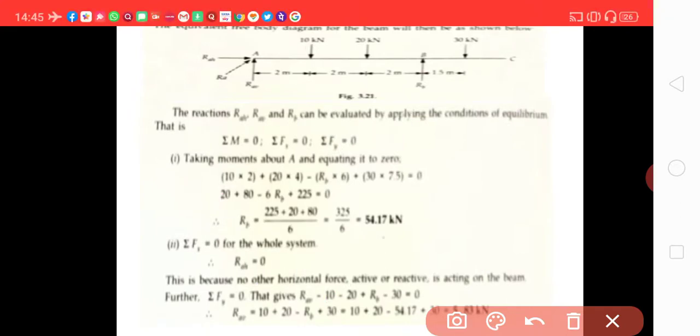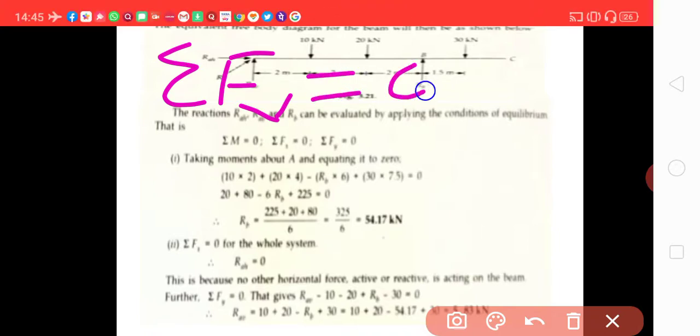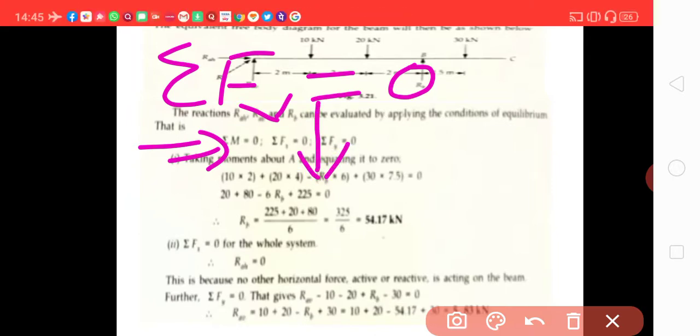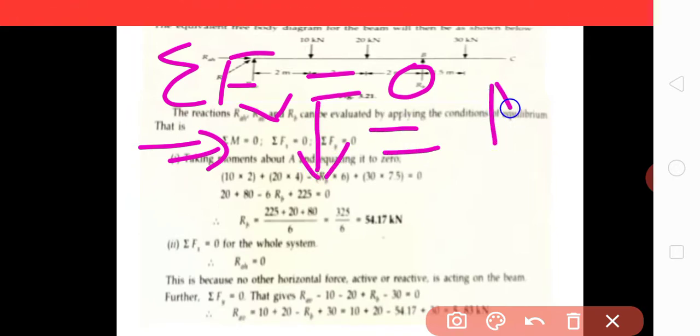Again, summation F vertical equal to 0 implies that upward forces will be equal to downward forces.